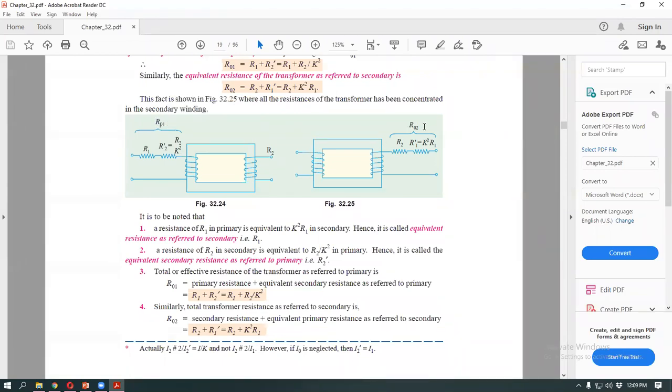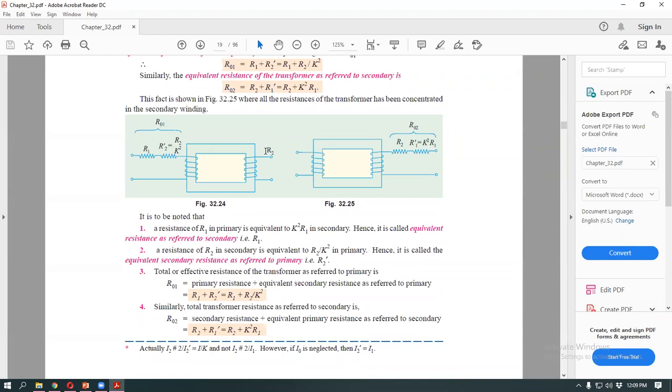This is the R02, which means this is the equivalent resistance of secondary. Just a name change, okay? And this we are using RP meaning primary, and this R1 means primary, and this R2 means secondary, but this R2 we are using RS meaning secondary, and this the R2.